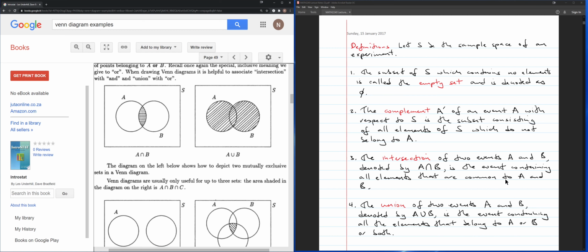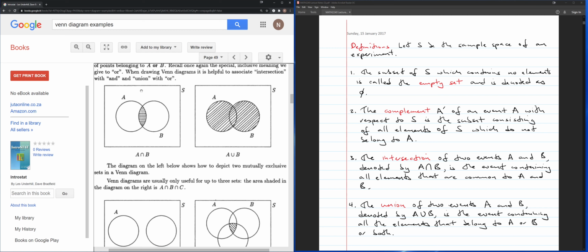If I have two events A and B, these events are subsets of a sample space S. The rectangular box here indicates the sample space, the set of possible outcomes, and the events A and B are just subsets of your sample space.